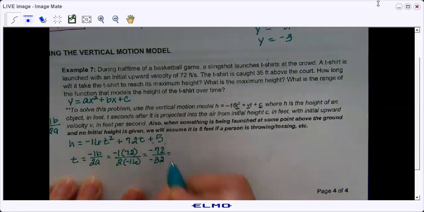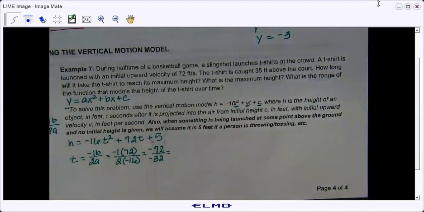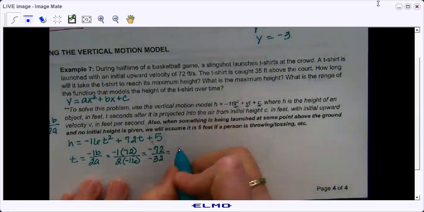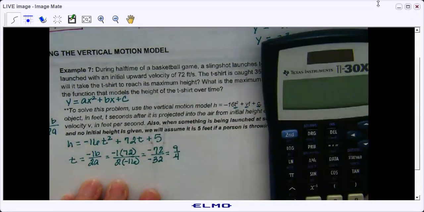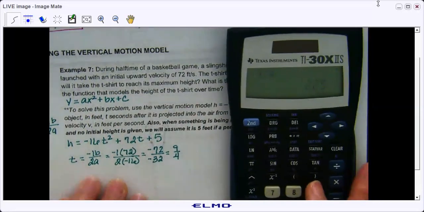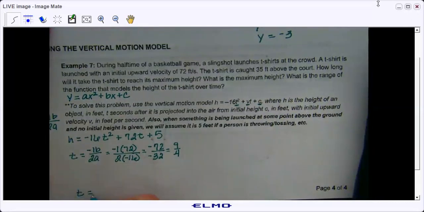And if we were to simplify this, we really don't need to, but if we were, we could divide both of these by 8 and get 9/4. And then you could just plug in your calculator. 9 divided by 4 is 2.25. So our time is 2.25 seconds.